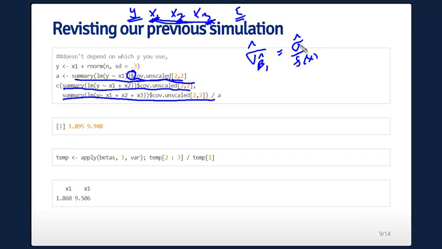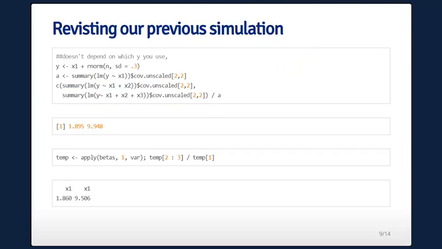And so we're going to take ratios. This sigma hat will drop out, so the fact that we estimated sigma hat won't matter. And from that we can see the variance inflation, and so here I divide the variance of the coefficient in front of x1.